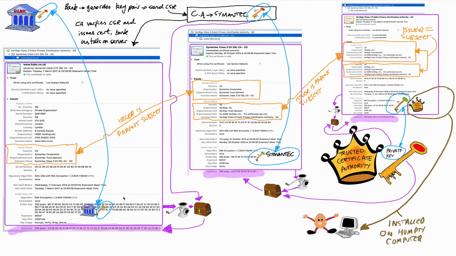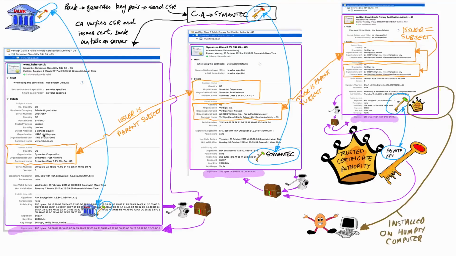Hopefully you're all familiar with my silly little diagram conventions by now. So the bank has this public key, and it's sending it to Humpty Dumpty wrapped in this certificate document. And Humpty says, okay, great, how do I know that this public key actually does belong to HSBC?